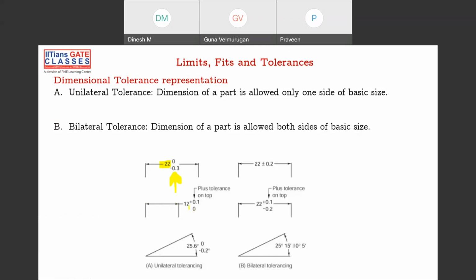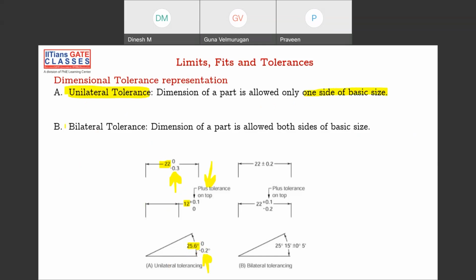And if you see this, 12 is your basic size, but the tolerance is given on the upper side, and on the lower side you are giving 0. And for the angle, 25.6 degrees is your basic size, and the lower limit is 0.2. You can't go up. Either you can go to the upper limit or to the lower, but both are not allowed. That is unilateral: dimensions allowed on one side of the basic size, either positive or negative.